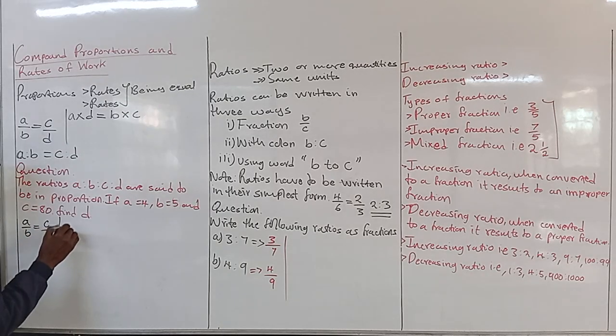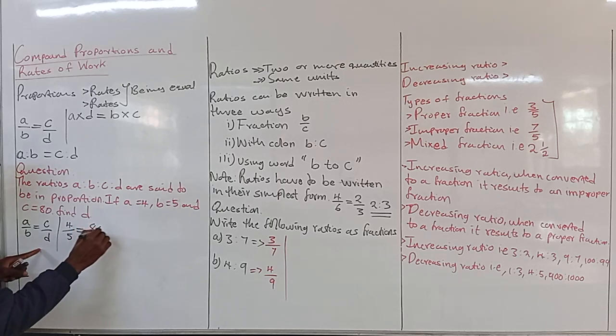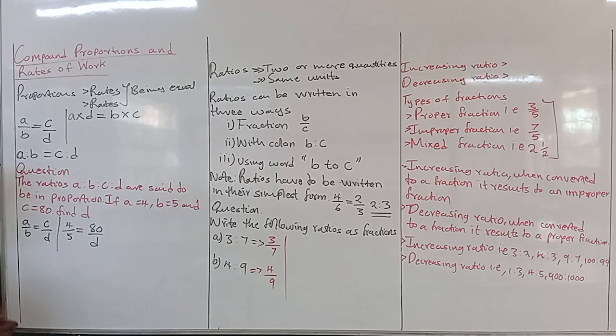So we have 4 out of 5 is equal to 80 out of D. From this concept, cross multiplication gives 4D is equal to 80 times 5.